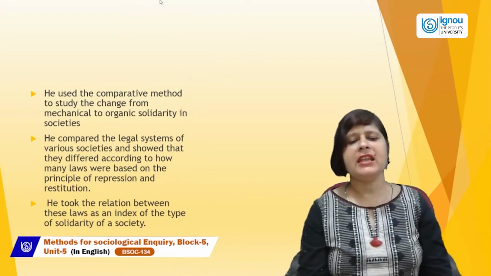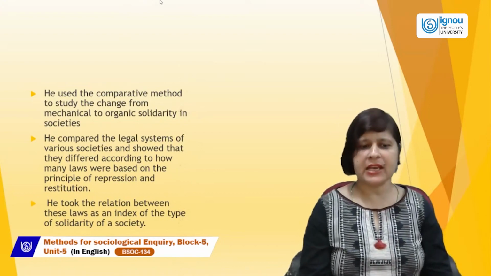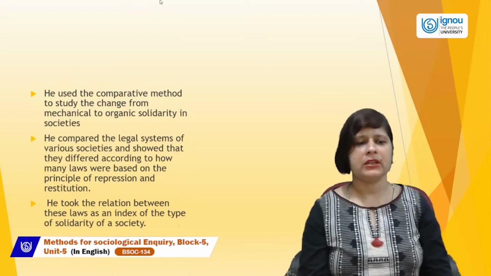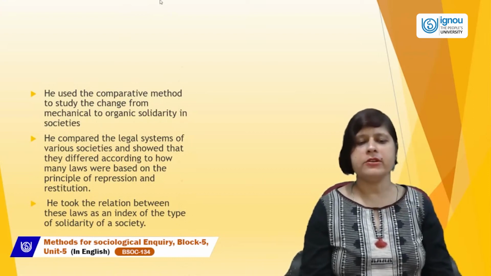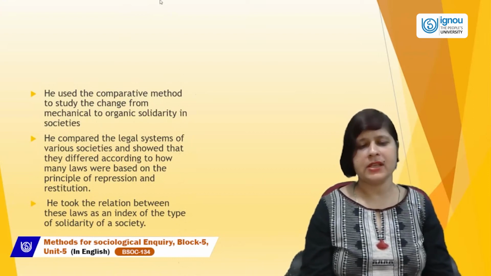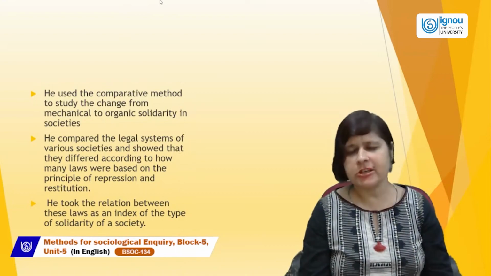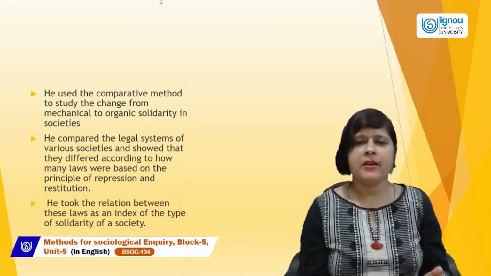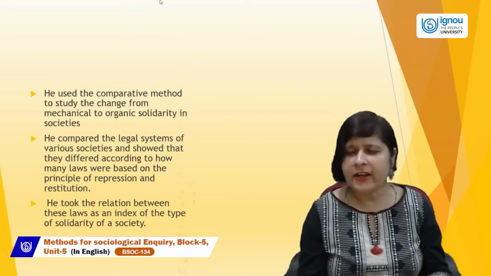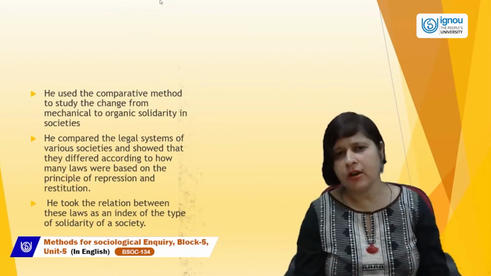He compared the legal systems of various societies and showed that they differed according to how many laws were based on the principle of repression and restitution. He compared societies on the basis of solidarity as well as on the basis of law.